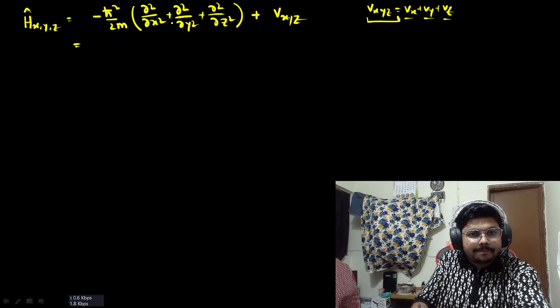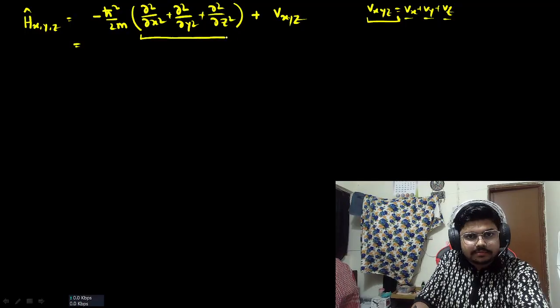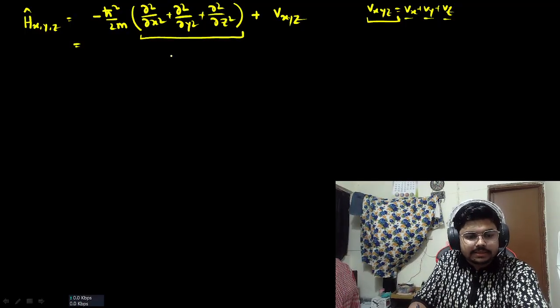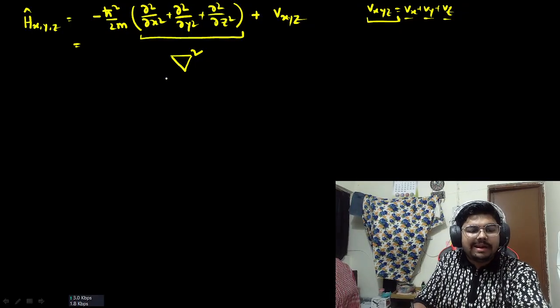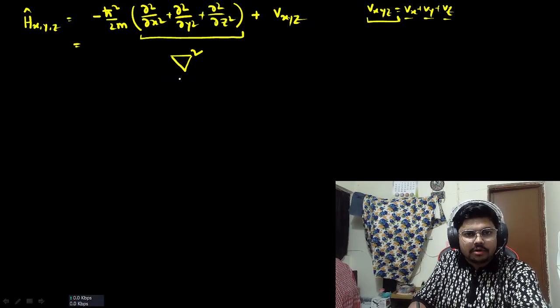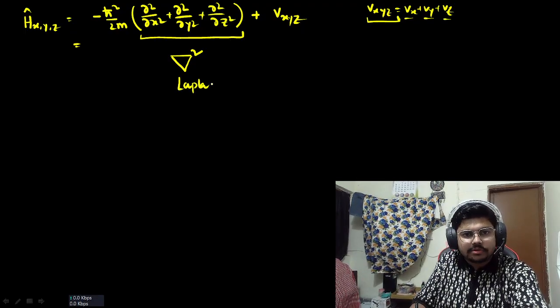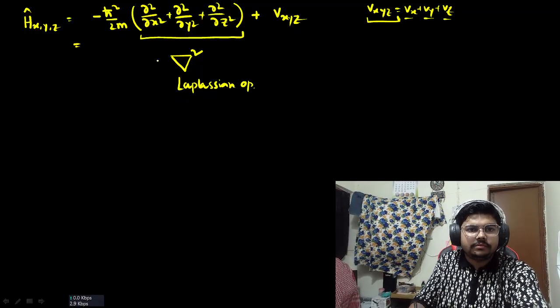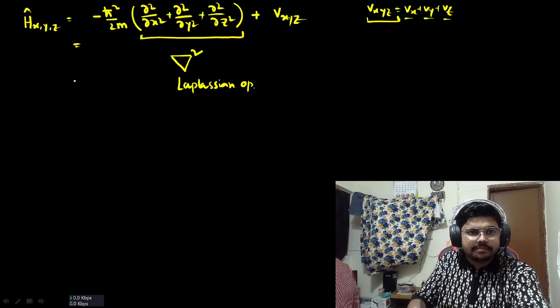Now this term in mathematics is represented like this. This is called the Laplacian operator, or in short we call it Laplace. Actually this is the Laplacian operator, only this entity.